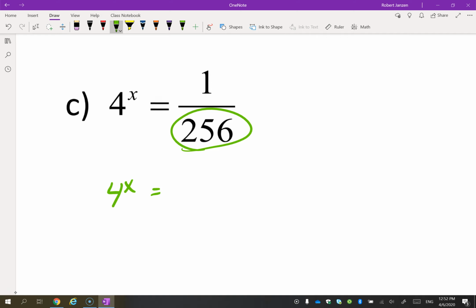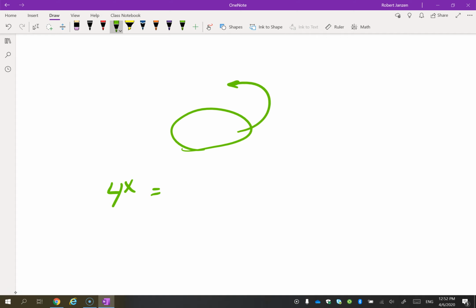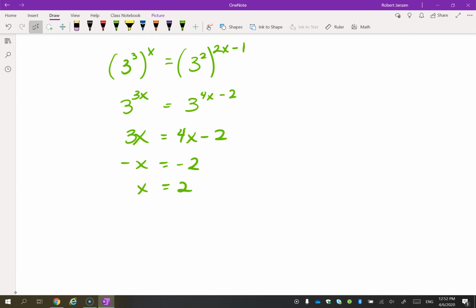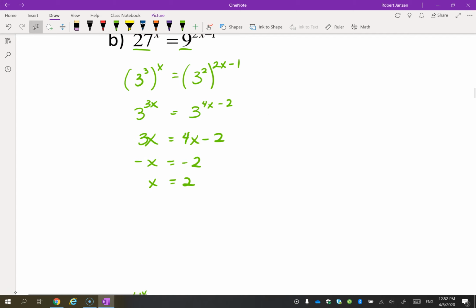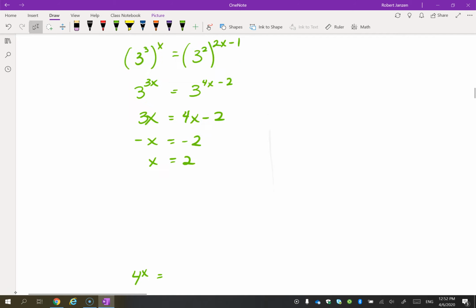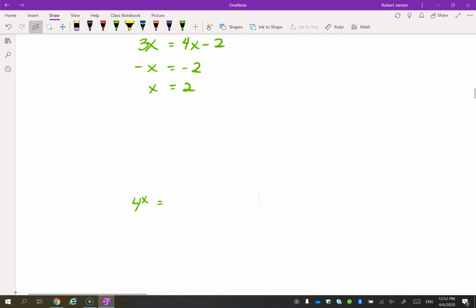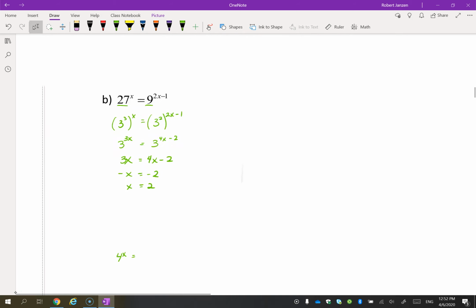How could I make 256 be in the numerator? How could I do that? How could I make it disappear like that? That's pretty interesting. It just disappeared on me all of a sudden. Where did it go?